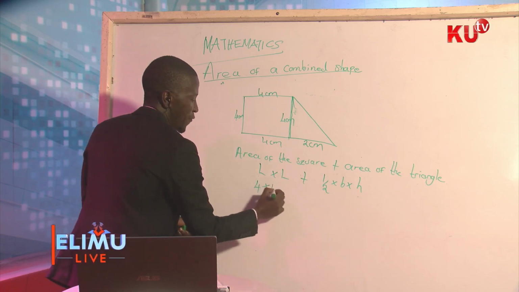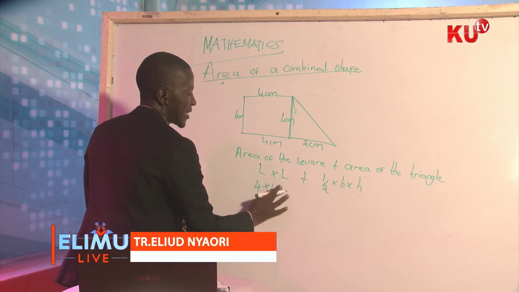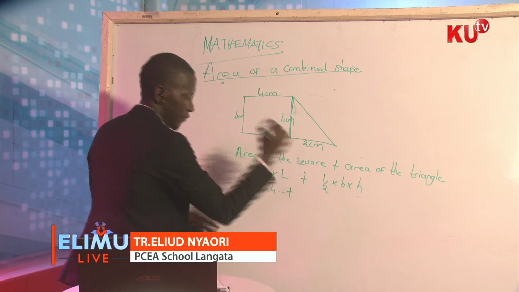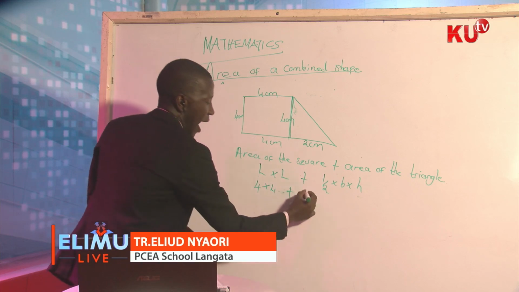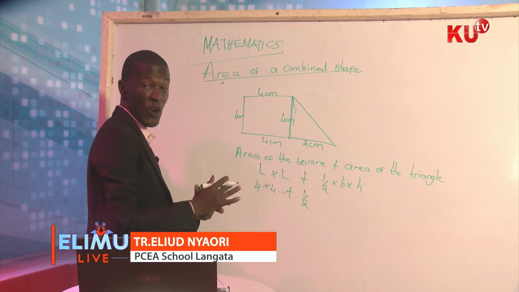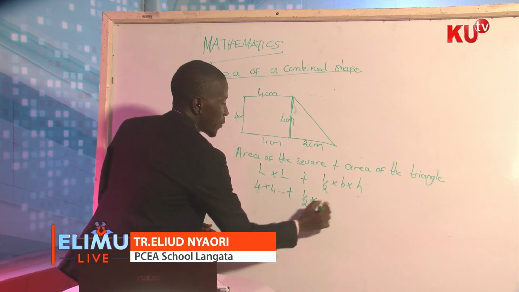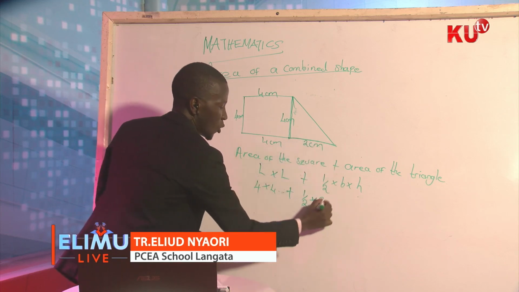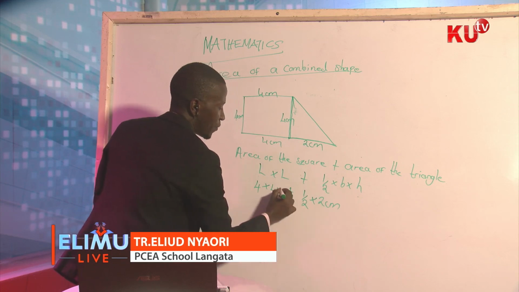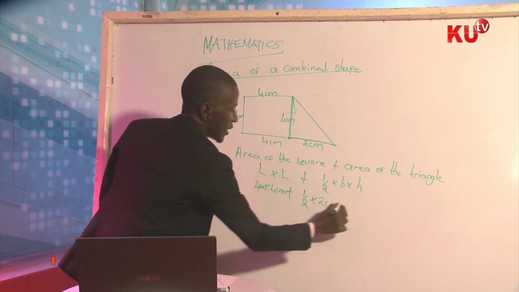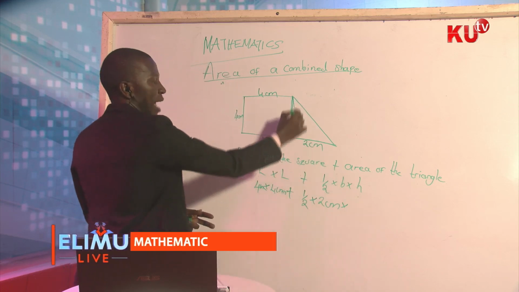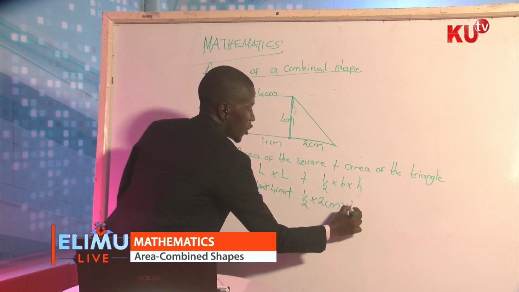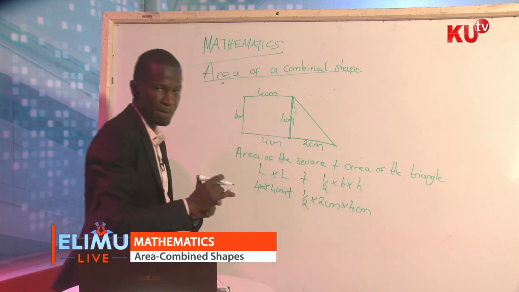I'll multiply by 4 centimeters, plus a half, that is now the area of the triangle, times base. Our base is this one, which is 2 centimeters, times height. This is our height, which is 4 centimeters.